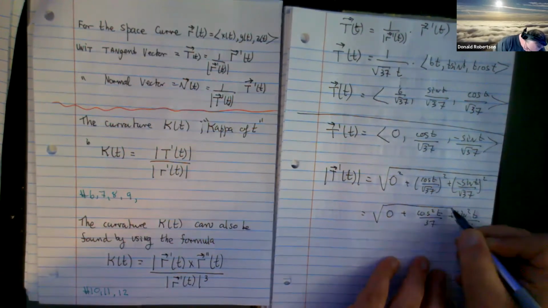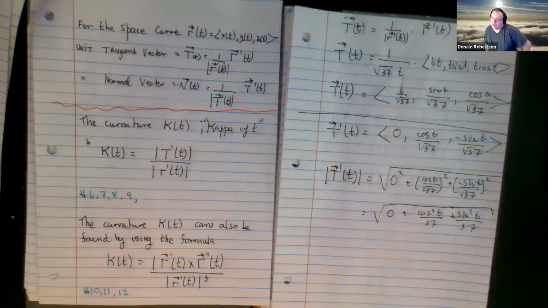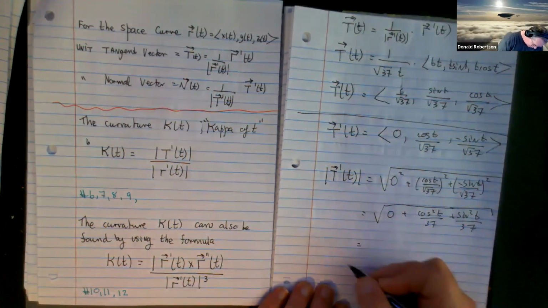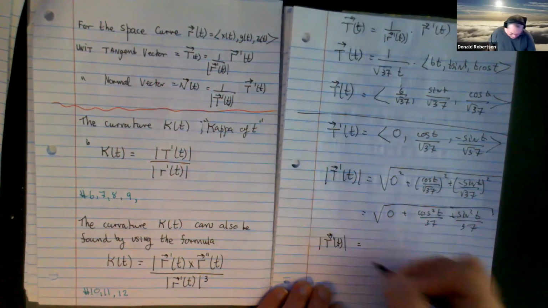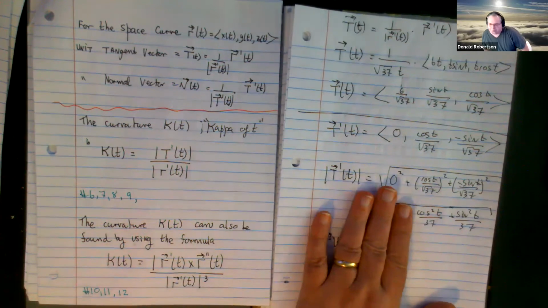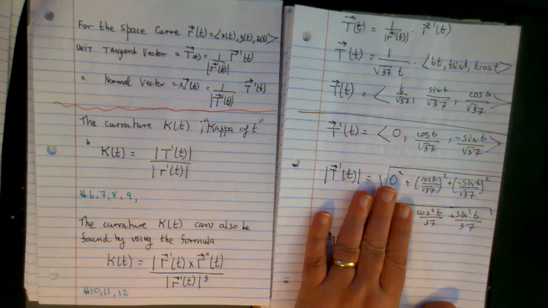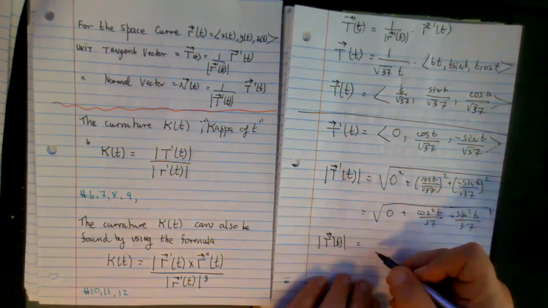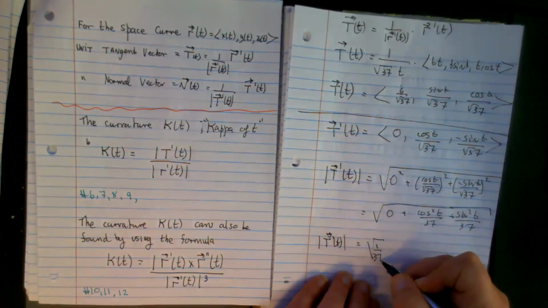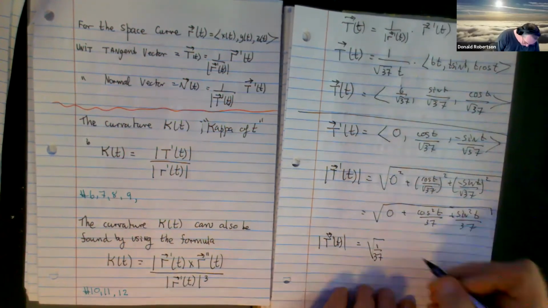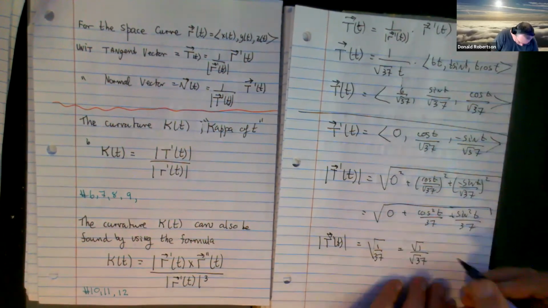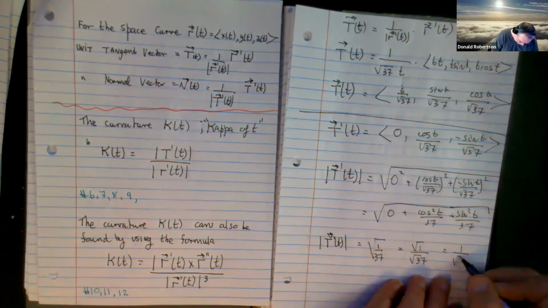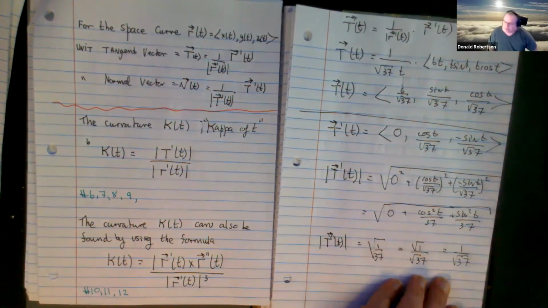Do you see the square roots, when you square them, are no longer square roots? Style points. What does that become? 1 over 37 in a square root. Agreed? Which I'm now going to call 1 over the square root of 37. You comfortable with that?